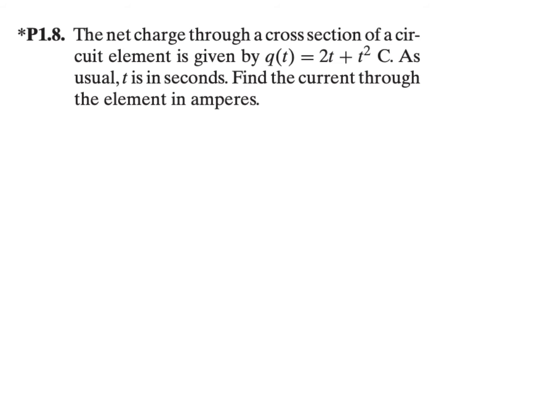Question P1.8. The net charge through a cross-section area of a circular element is given by q(t) is equal to 2t plus t squared coulombs, as t is in seconds. Find the current through the element in amperes. So in this question, we are given the expression for q(t), and we are asked to find the current, i(t). So the formula is that i(t) is equal to dq over dt.